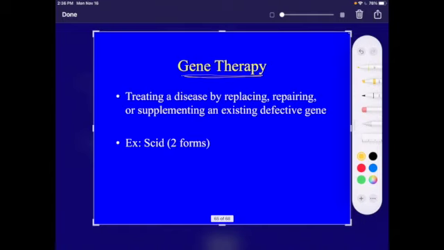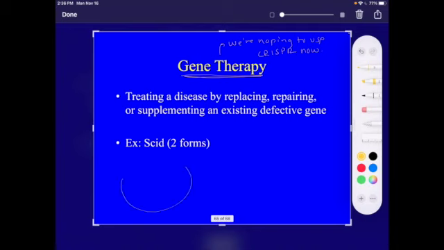We would use CRISPR now, we're hoping to use CRISPR now to do that. But people are like, we need a way to get a healthy gene into human cells.